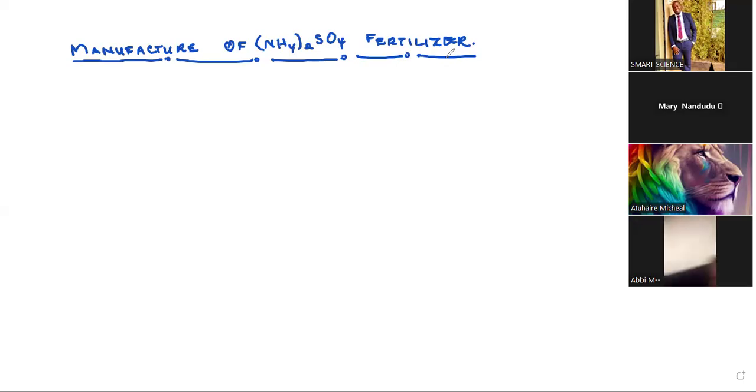It requires manufacture of sulfuric acid and then manufacture of ammonia. As we discuss this process, we look at the process of production.